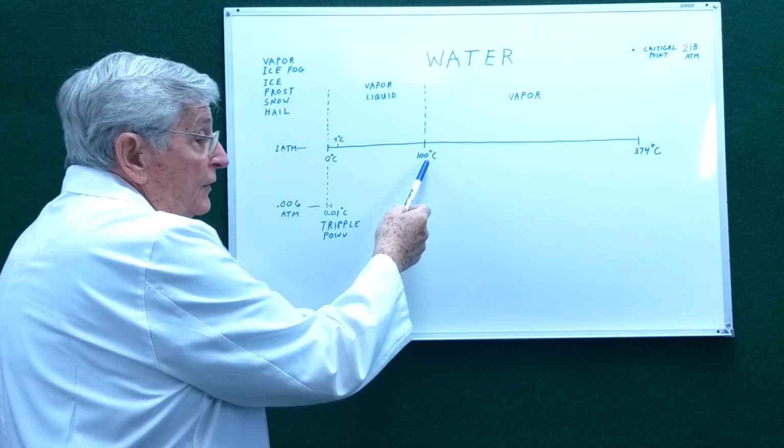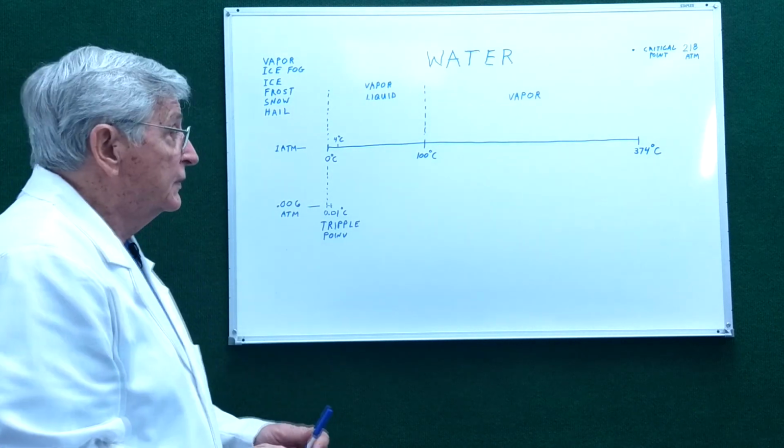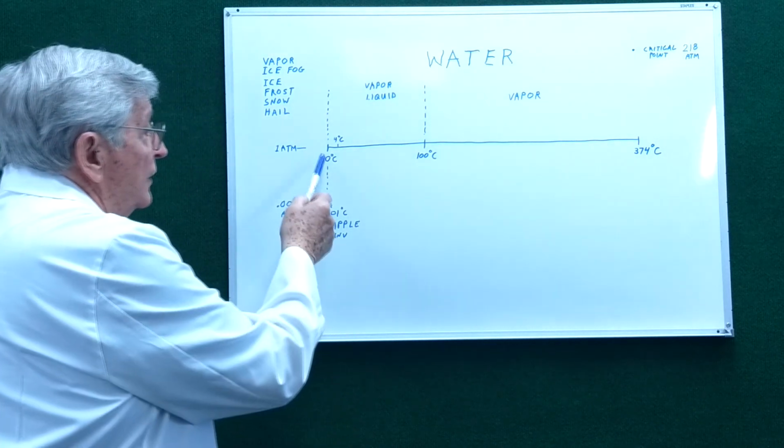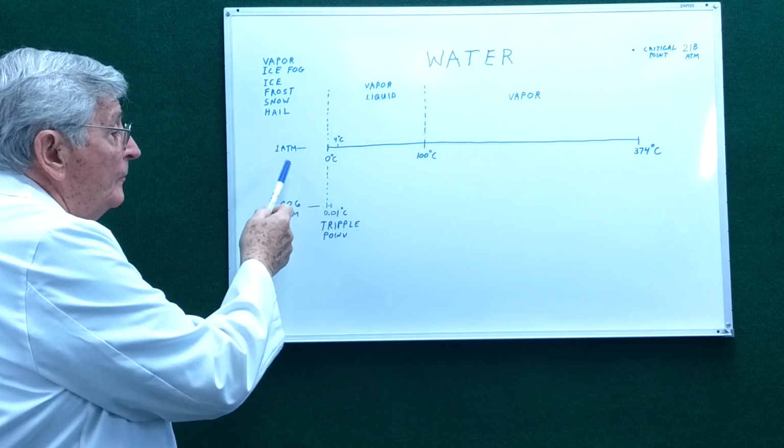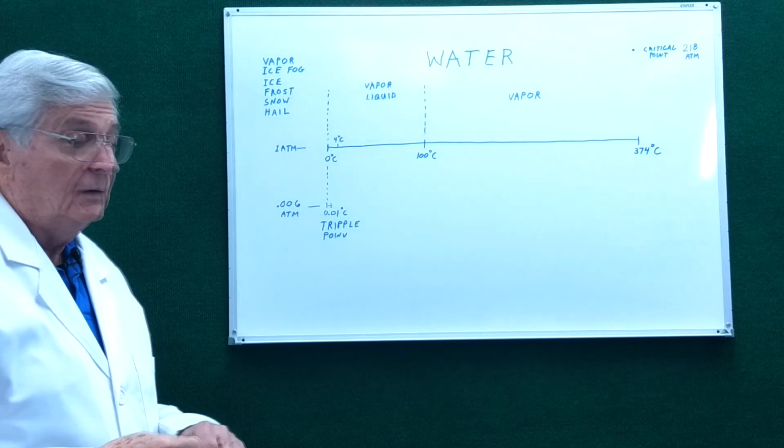At 100 degrees C, at 1 atmosphere, water boils. And at 0 degrees C and 1 atmosphere, water freezes into ice.